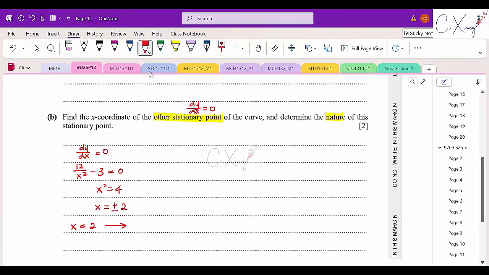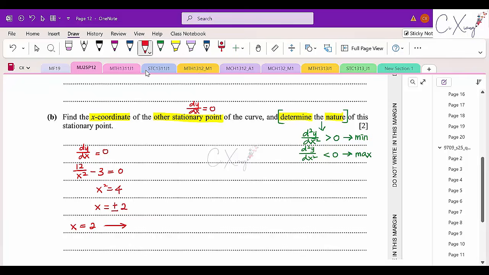Because they ask us to find the x-coordinate, and at the same time determine the nature of the stationary point, we need to find the value of d²y/dx². If you substitute the value of x into d²y/dx² and get a value greater than 0, the stationary point is a minimum point. If d²y/dx² is smaller than 0, then it is a maximum point.